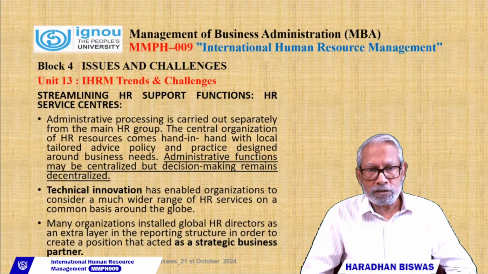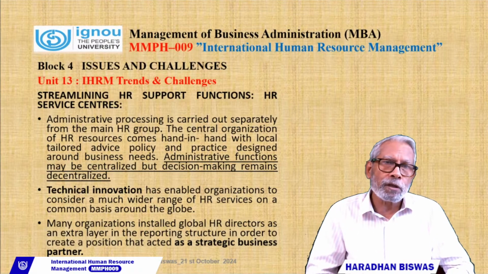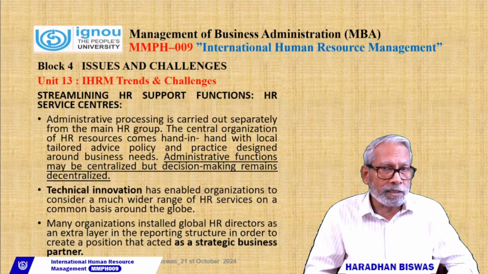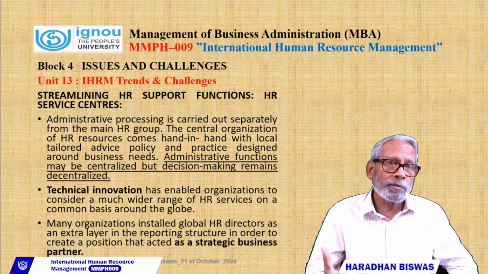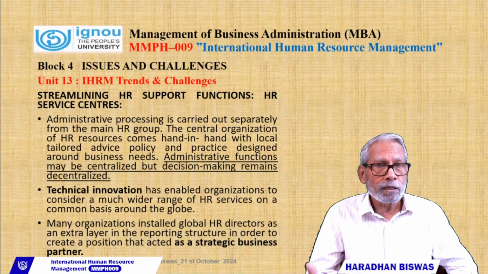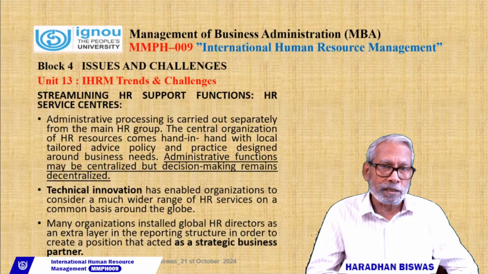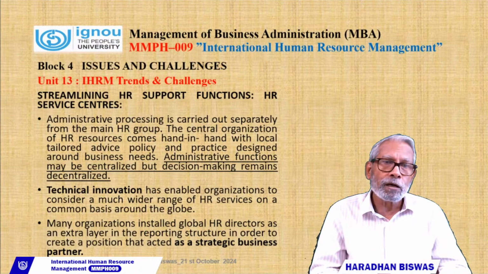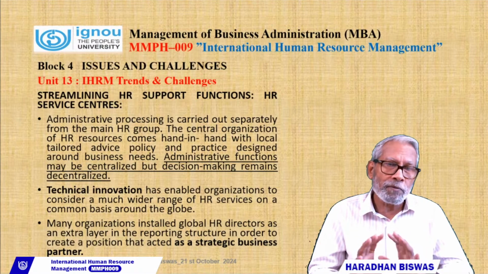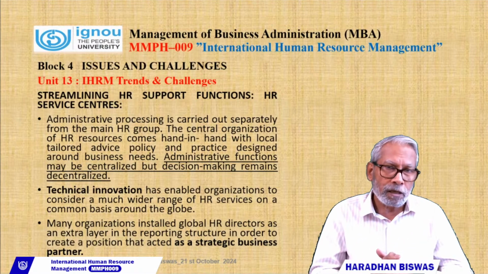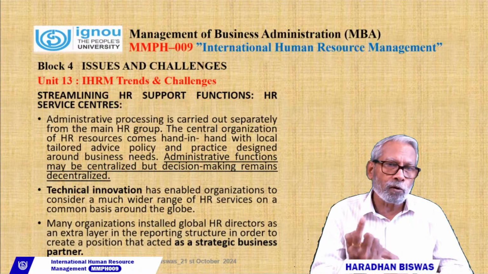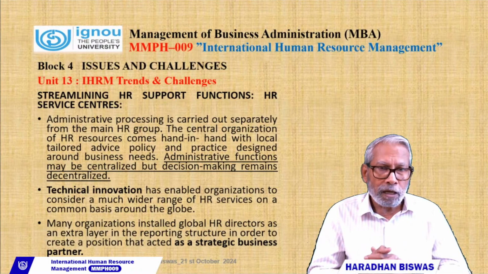Many organizations install global HR directors. That's why, for monitoring, there are country managers, maybe you have heard of some country managers, Asian-specific country managers, Europe country managers. It means they have to see particular, maybe 4 or 5, countries. One global manager will be there.